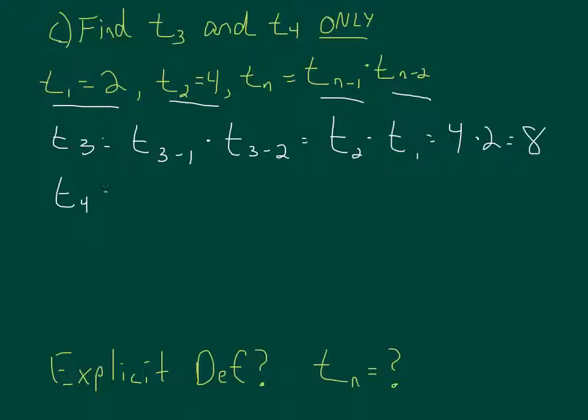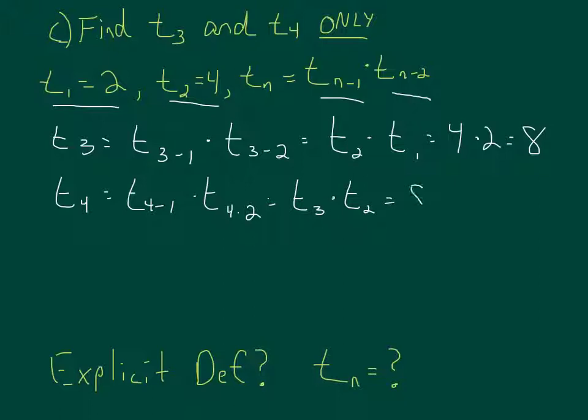T sub 4, that would be T sub 4 minus 2 times T sub... Oh, I wrote that wrong. T sub 4 minus 1 is what that should be, times T sub 4 minus 2. That's really T sub 3 times T sub 2.